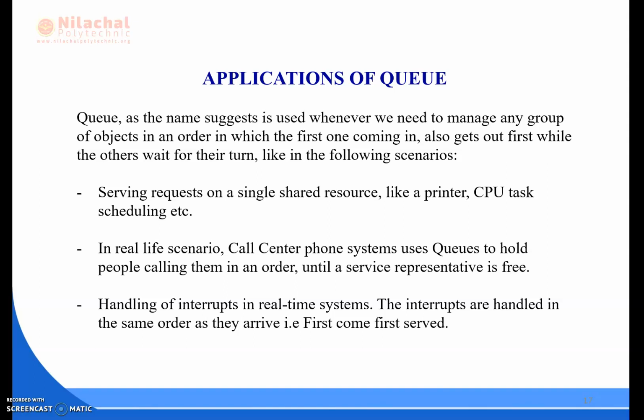Serving requests on a single shared resource like a printer, CPU, task scheduling, etc. In real life, a call center phone system uses a queue, keeping callers on hold and serving them in order until the service representative is free. Handling of interrupts in real time systems: the interrupts are handled in the same order as they arrive, that is first come, first served.